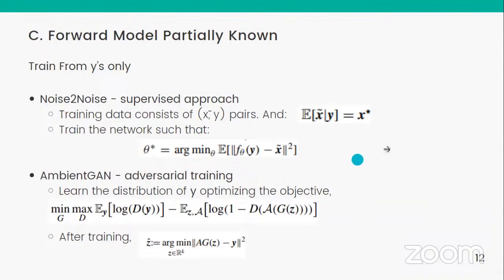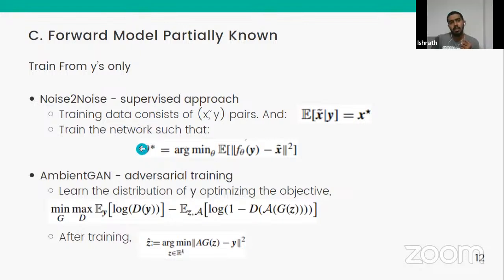One question about Noise2Noise. Is there a generalized version of Noise2Noise? This is only for denoising, right? It's not for any forward model. They haven't explicitly mentioned that in the paper.